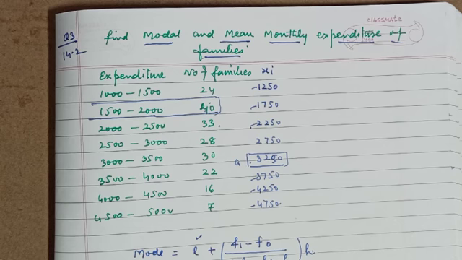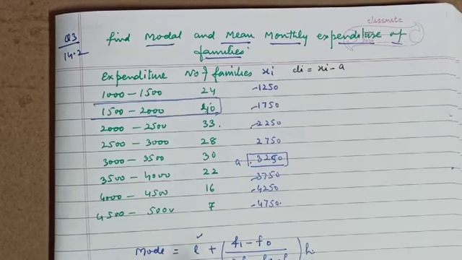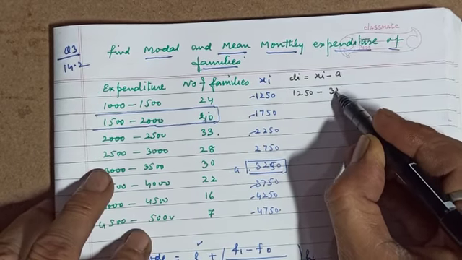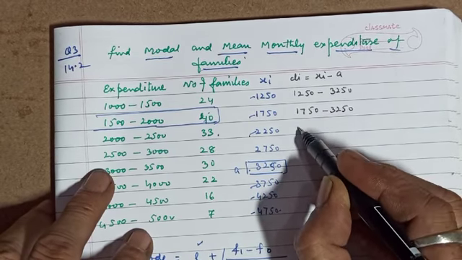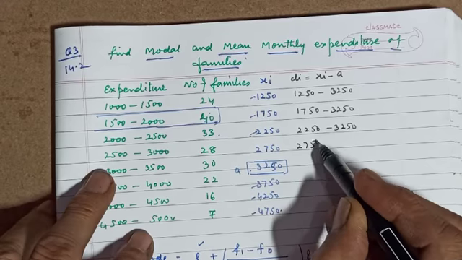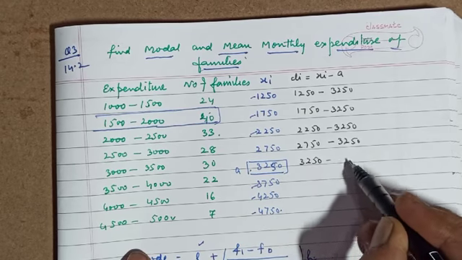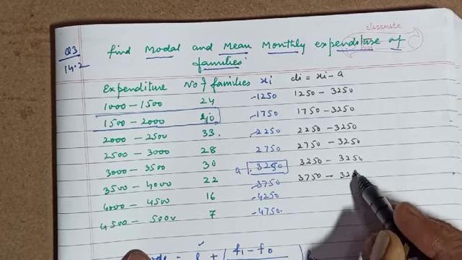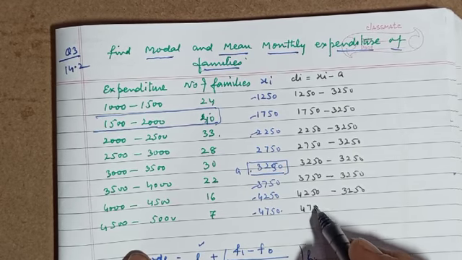So after that we have to find out the value of di, and di equals xi minus A. xi is our 1250 minus 3250, 1750 minus 3250, 2250 minus 3250, 2750 minus 3250, 3250 minus 3250, then 3750 minus 3250, 4250 minus 3250, then 4750 minus 3250.